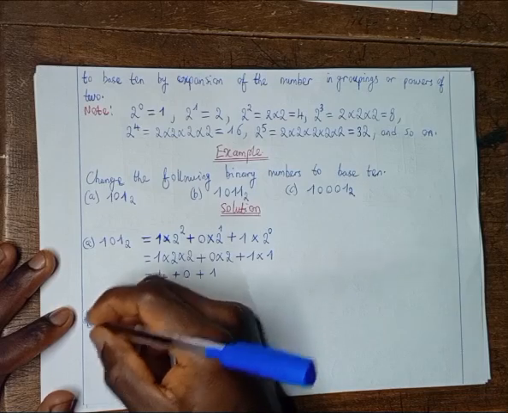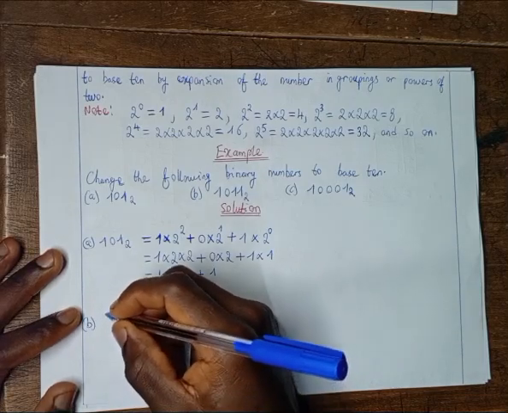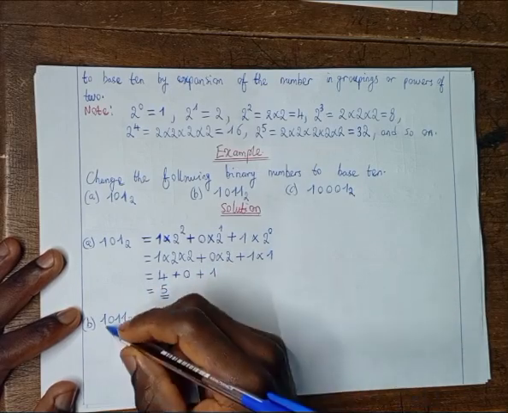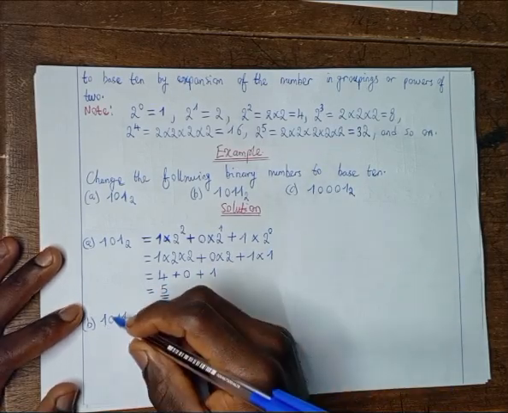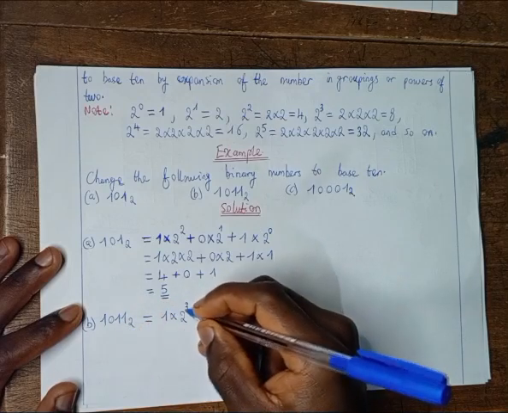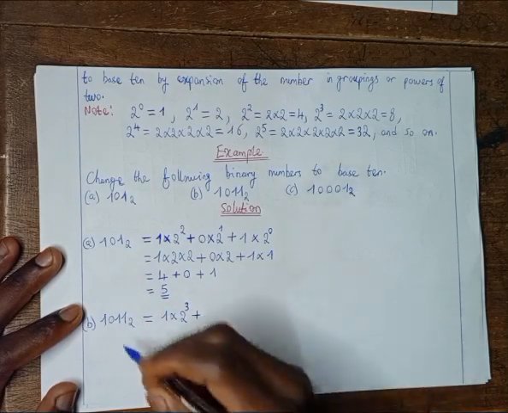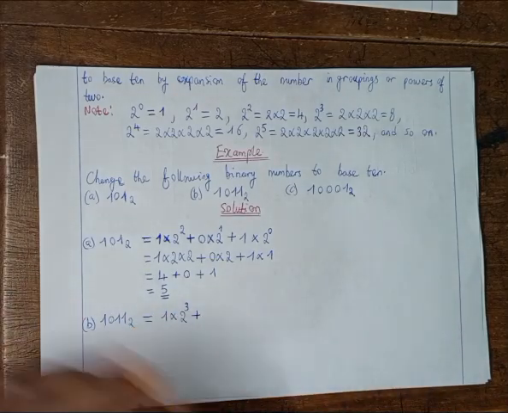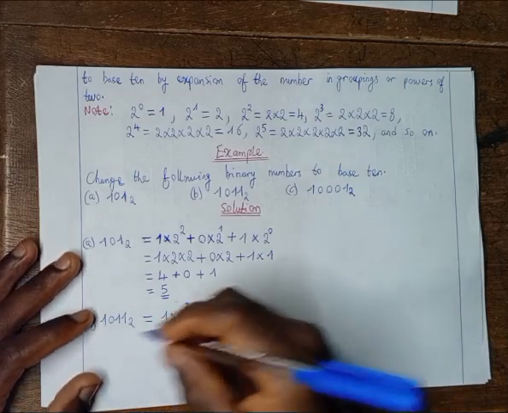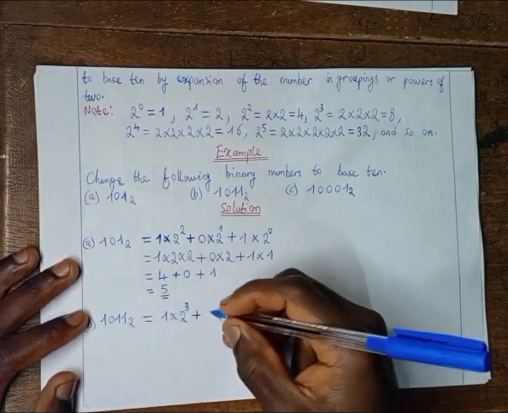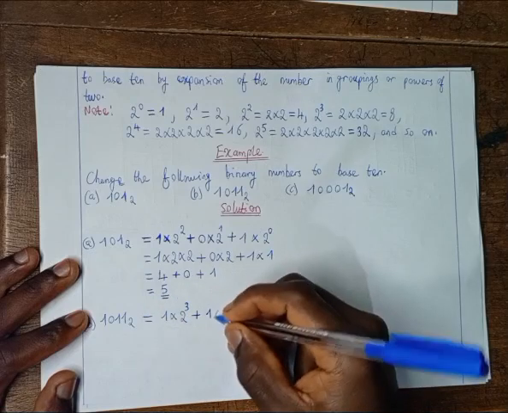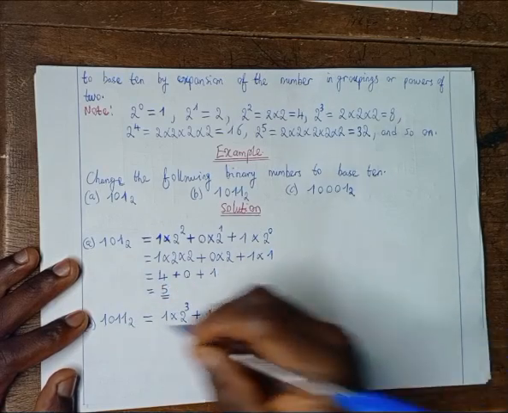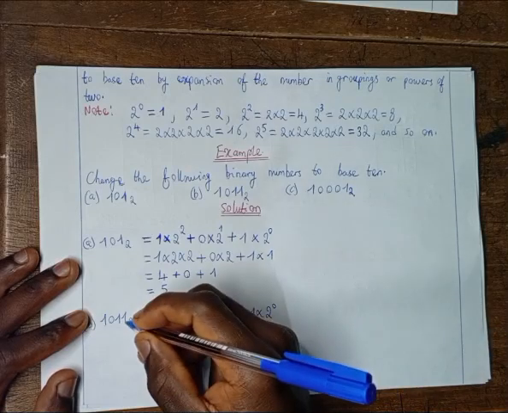Let's go to B. For B, we have the number 1011 in base 2. This will give us 1 times 2 raised to the power 3, counting 1, 2, 3. Plus, to save time, anywhere we see 0, we are going to ignore it, because if you multiply 0 by any number, the result is 0. So plus we go to the next digit, 1 times 2 raised to the power 1, plus 1 times 2 raised to the power 0, because after this one there's no other digit.